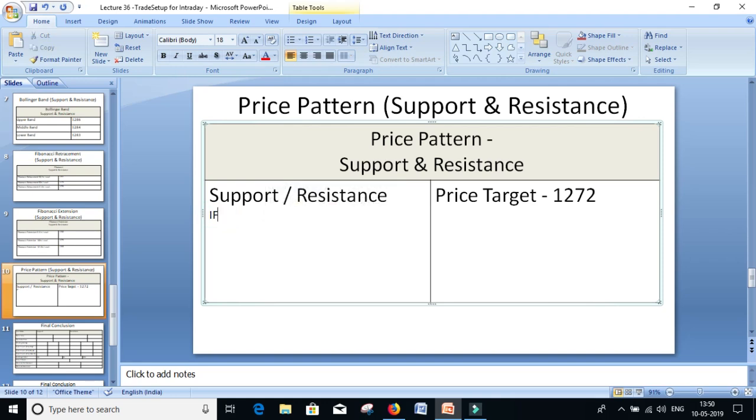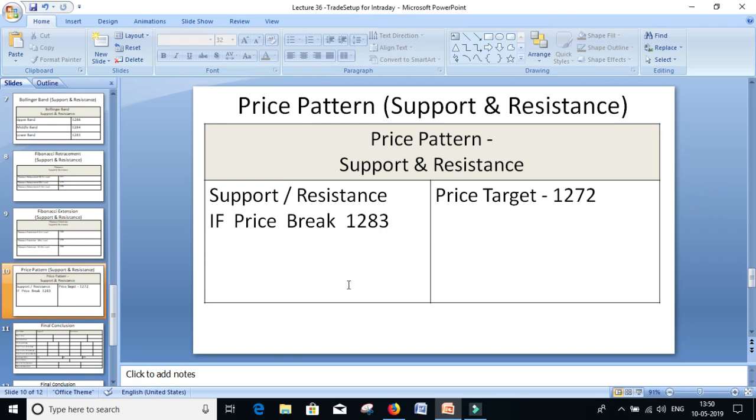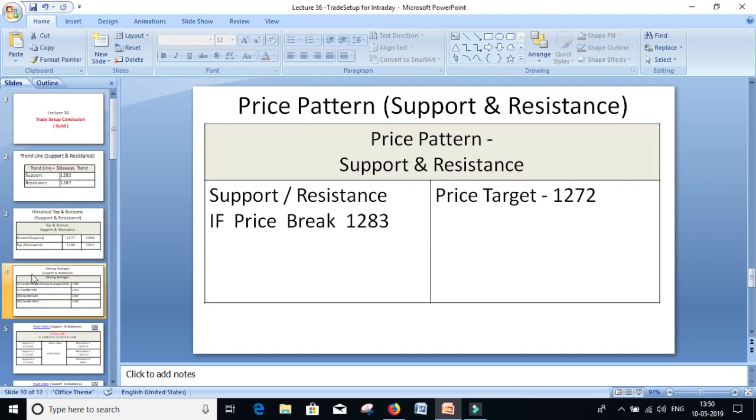If price breaks 1283 levels, then we easily convert into main targets. That is all about the levels, all the figures that we are putting into it.